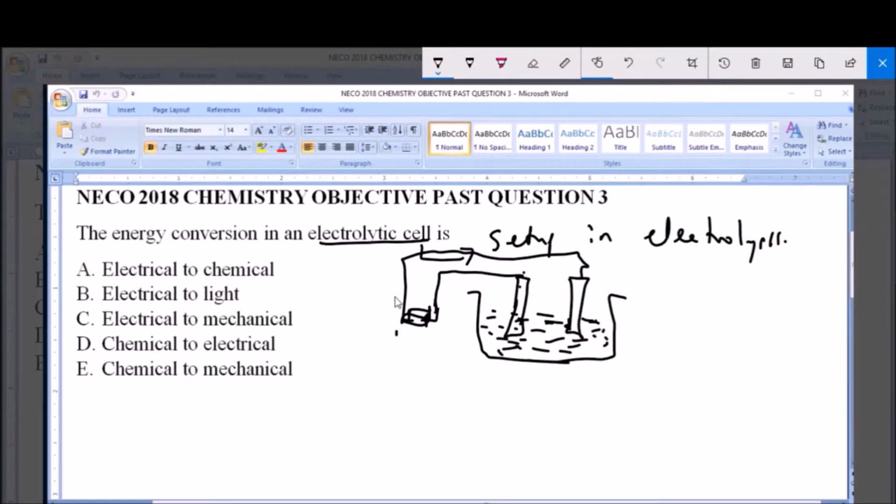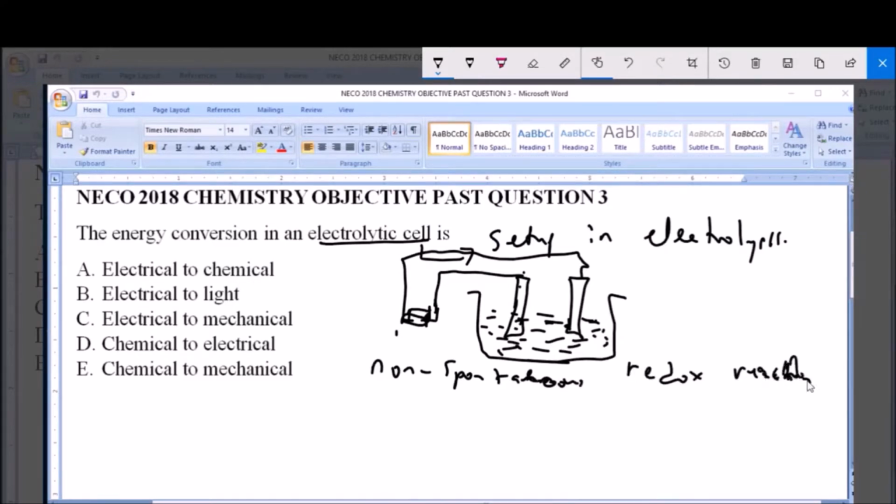So basically what happens in an electrolytic cell setup is that by the time the voltage or the electrical power flows through the electrodes and gets into the solution, what happens is that there will be what is known as a non-spontaneous redox reaction.